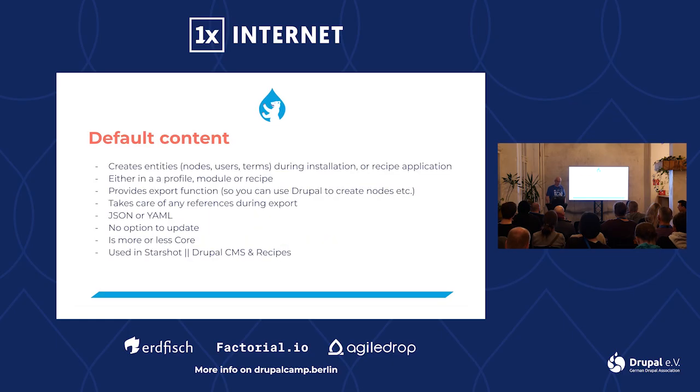Then, another good contender for dummy content is the Default Content module. It's been around for a while. It is able to create all these entities when you install the module. Nowadays, you can also use it when you apply a recipe, so it will then create content for you.